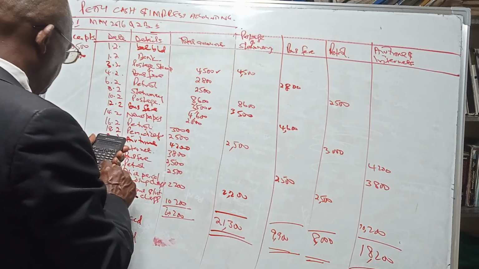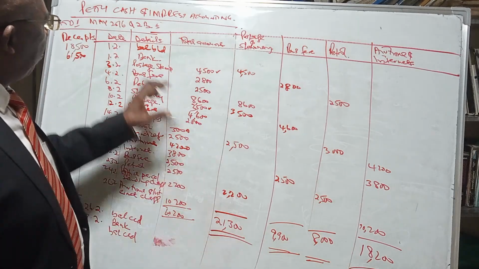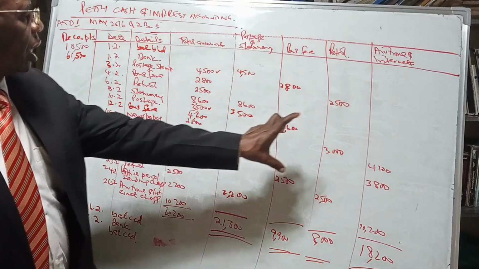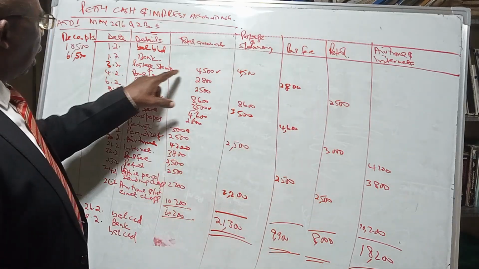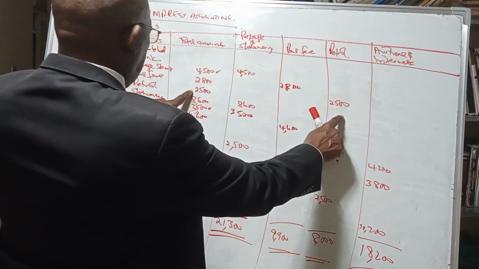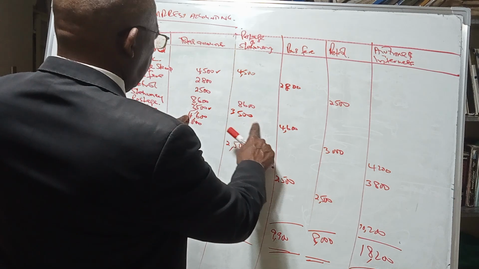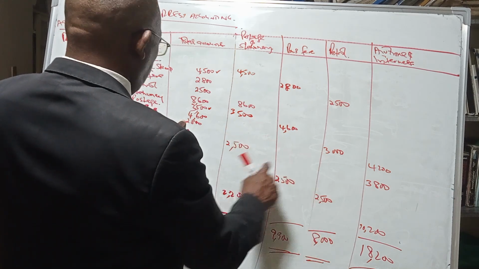Now, we need to be sure that whatever is here has been collectively posted here. So postage has gone to 45, 28 has gone there, 25 has gone there, 86 has gone there, 35 has gone there, 46 has gone there, 28 has gone where?